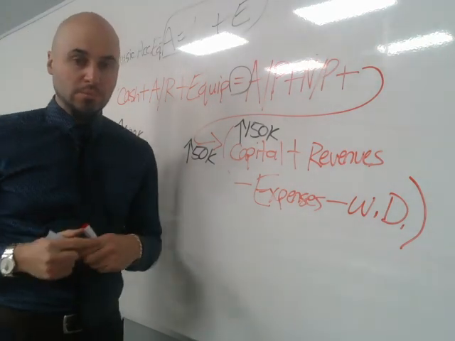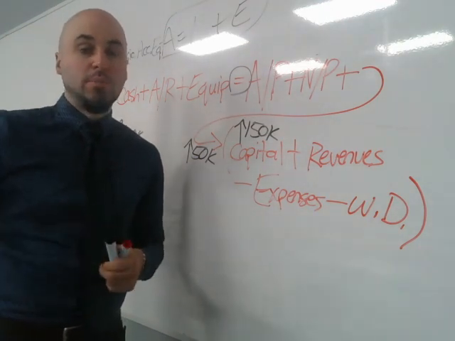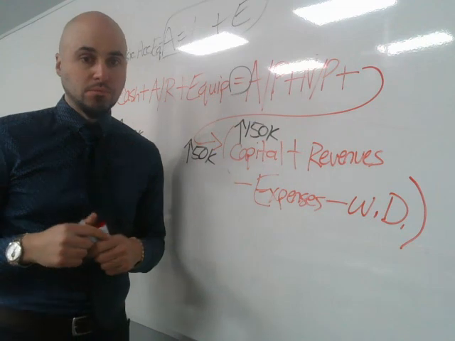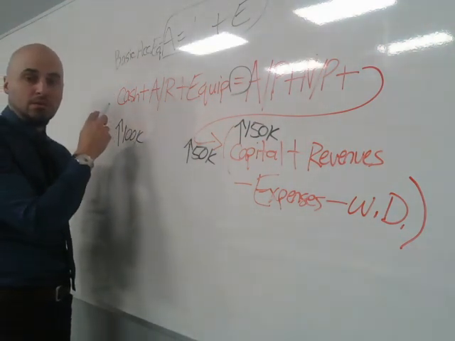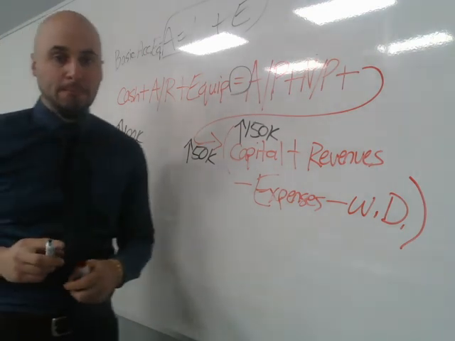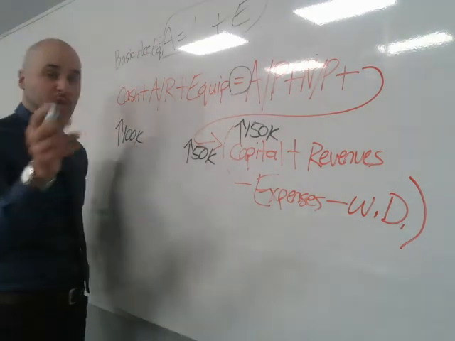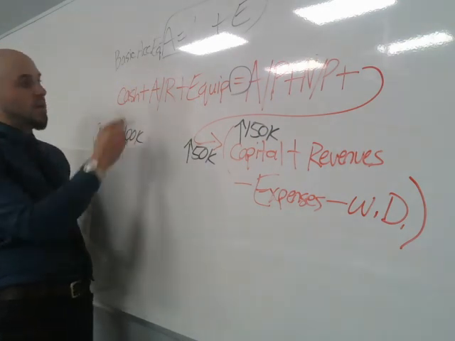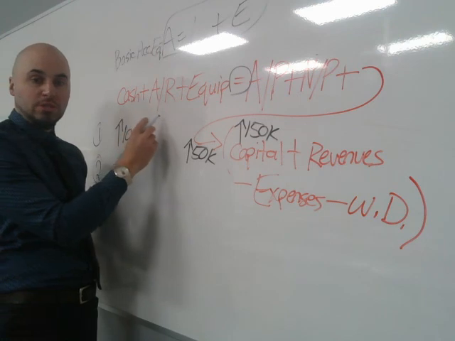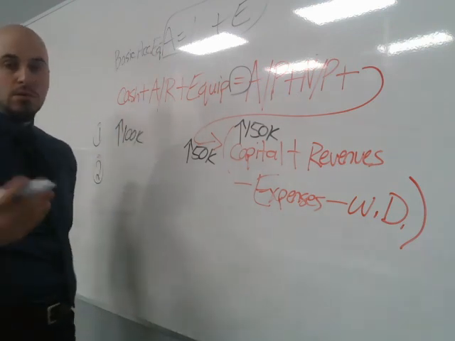Let's take another example. You make a sale on credit. Customer pays you with credit. That means you received cash or not? No, they paid you with credit. So if they pay you with credit, this is example number 2. They pay you with credit, what increases? Accounts receivable. What did we sell?